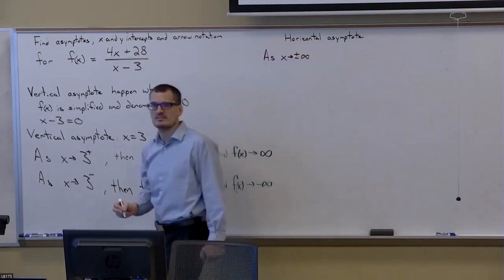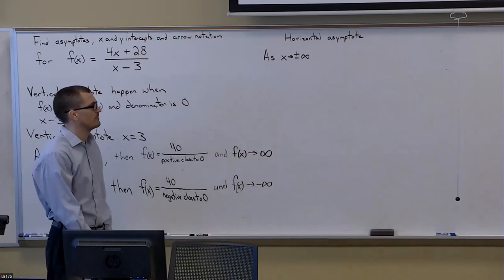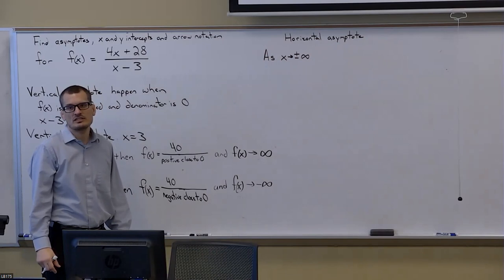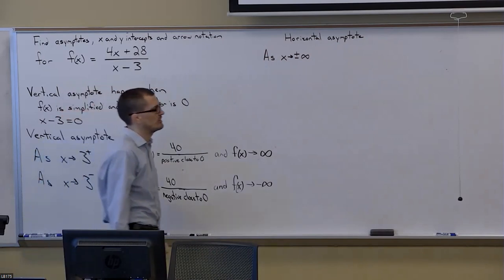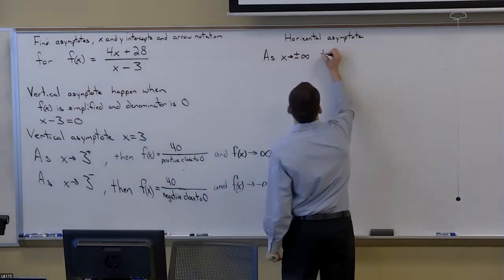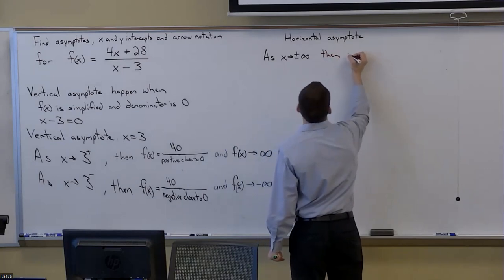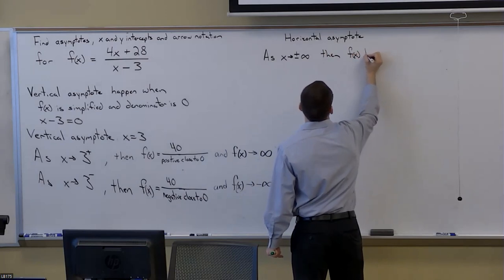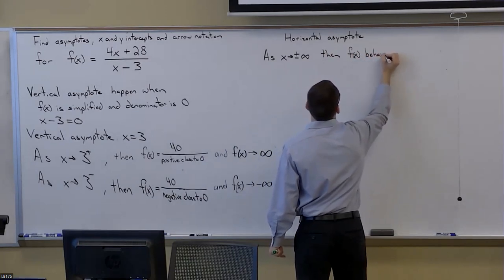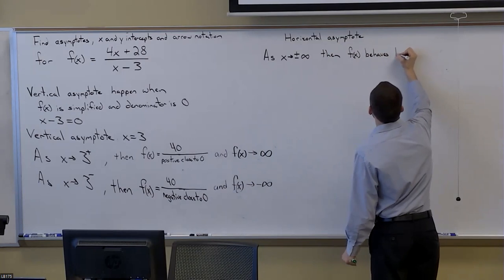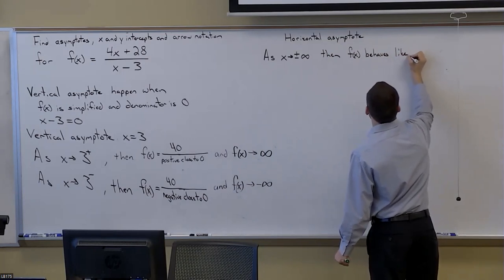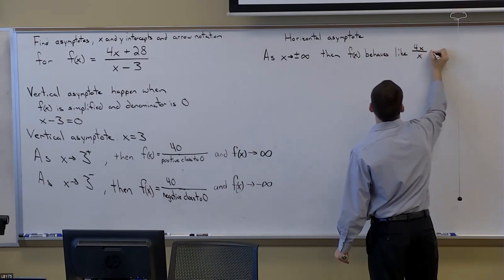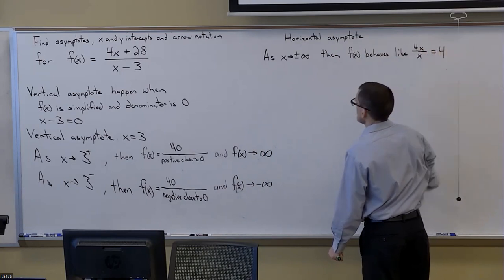So I'm going to treat these kind of the same at the same time. As the x value gets really, really big or really, really small, then my function behaves like 4x over x, which is equal to 4.